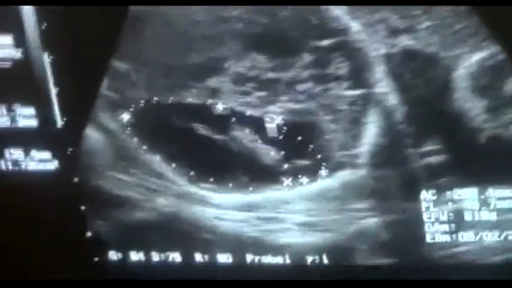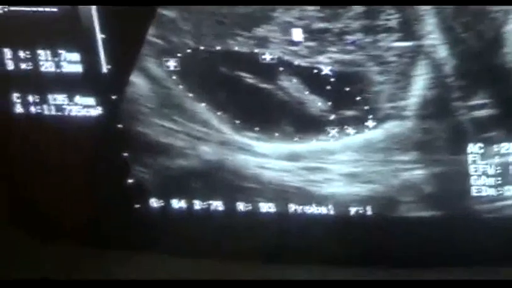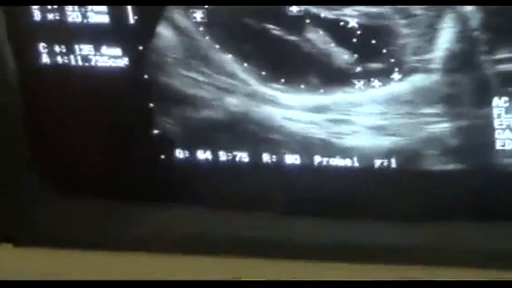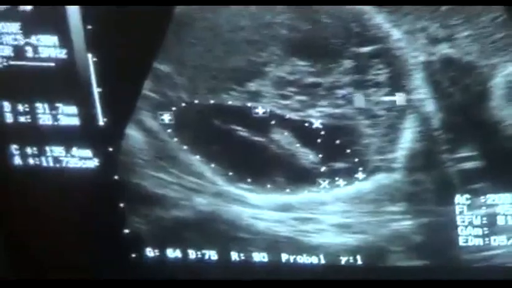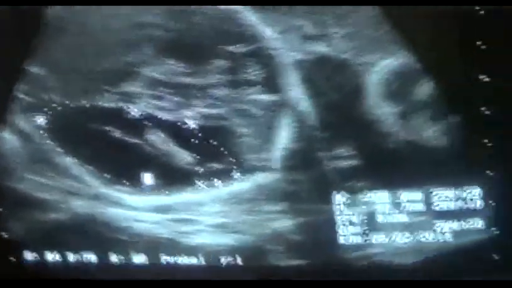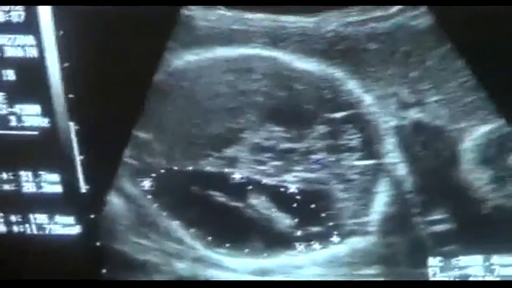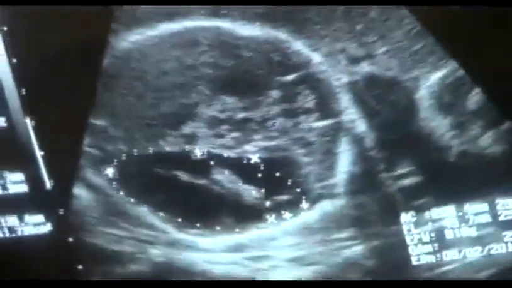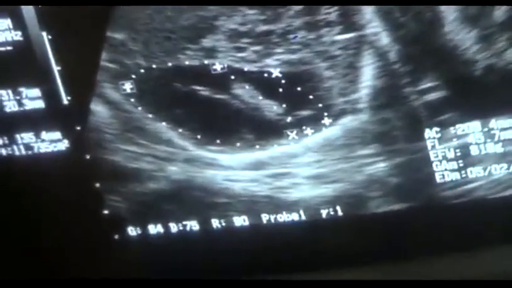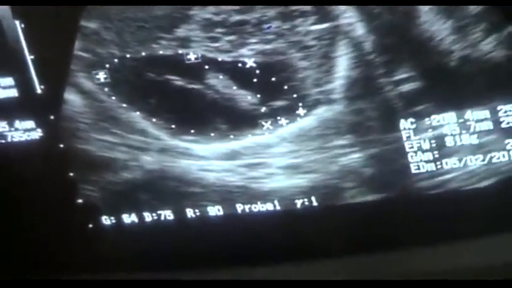Now this is the area where the third ventricle should have been. This linear structure in the center is the falx cerebri. So this is a case of hydrocephalus with loss of brain mantle.